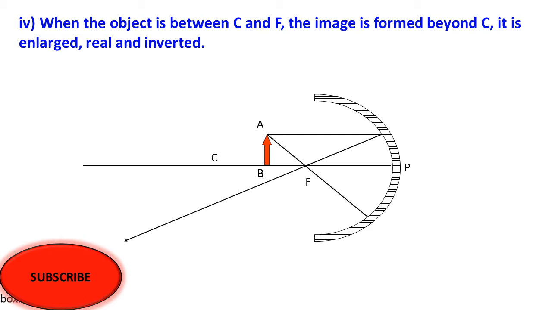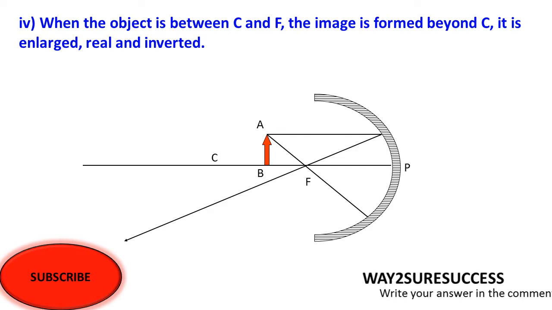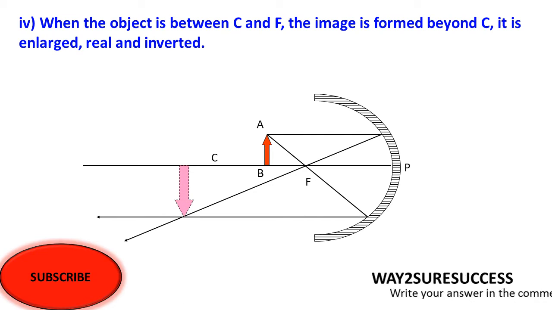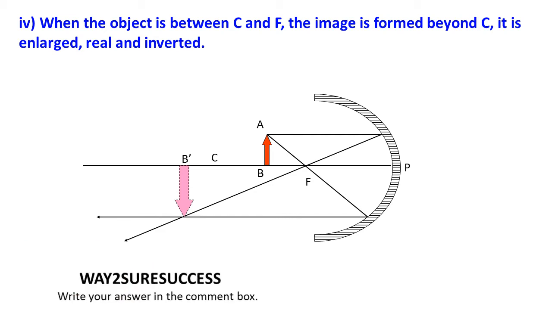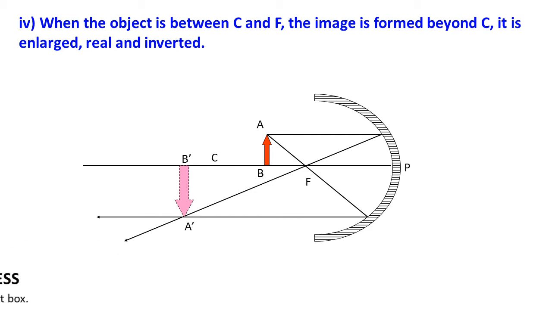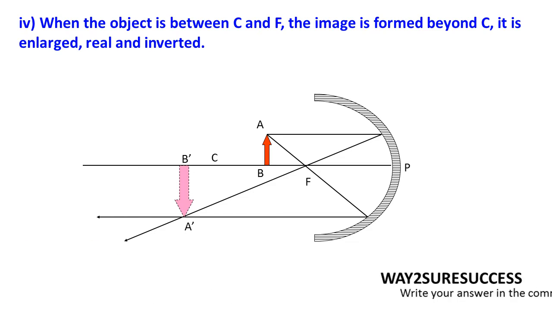After reflection, the parallel light ray will pass through the focus, and the light ray which is passing through the focus, after reflection it will be parallel to the principal axis, and both of these two reflected light rays will coincide at a point. From there on the principal axis we'll draw a line which is the image.